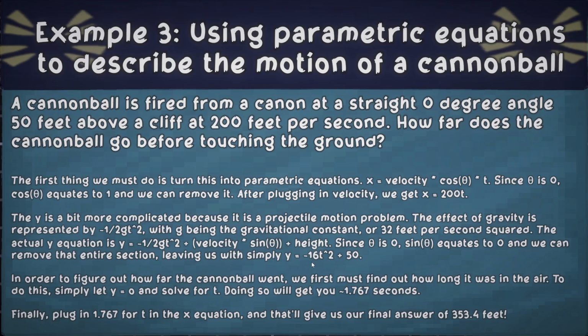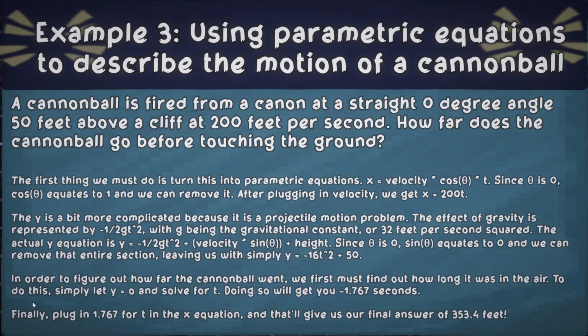In this case, you would subtract 50, divide it by -16, and then take the square root. And if you do all of that math, then you will get about 1.767 seconds. That's how long it was in the air.